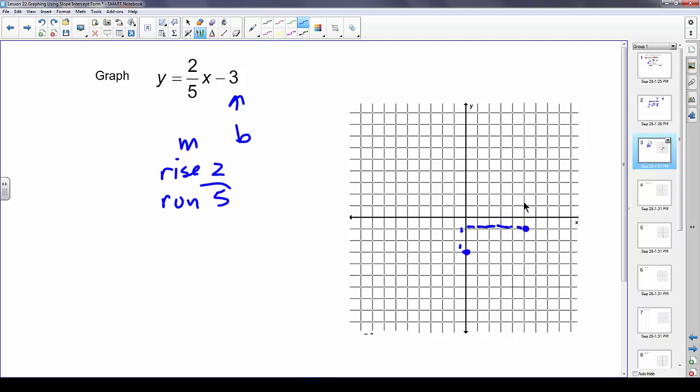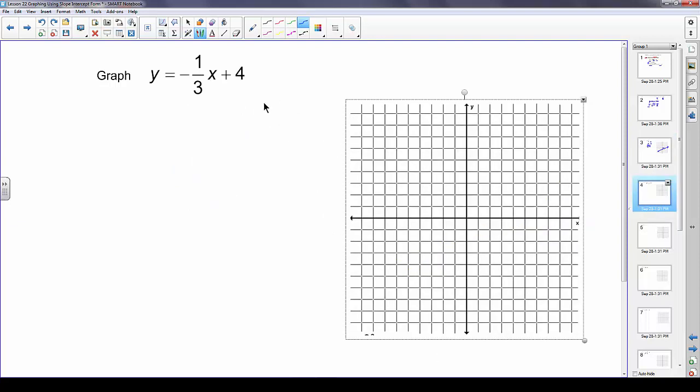I can go up 2, over 1, 2, 3, 4, 5, put another dot there, because the slope's going to be the same everywhere on the line, and then connect those dots throughout, and I've got a line with a slope of 2/5 going through -3 on the y-axis.